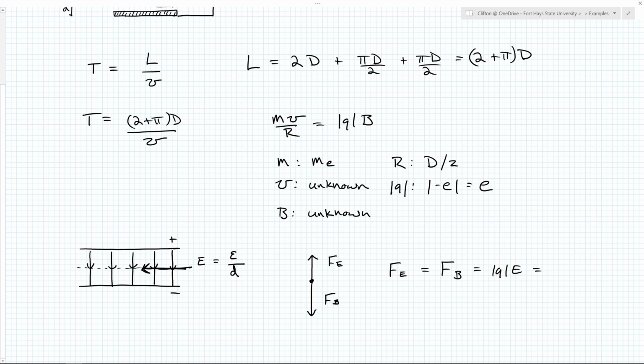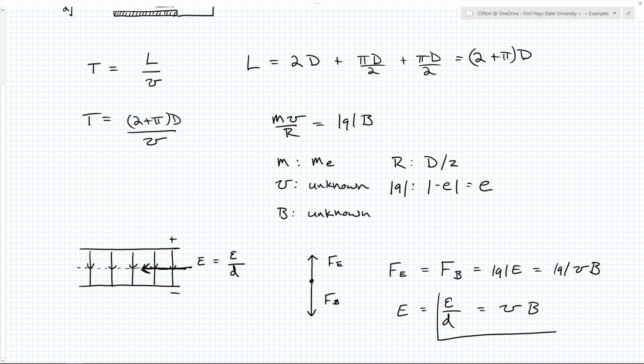And we know what the magnitude of the magnetic force is. It's the absolute value of the charge times vB. So now we have electric field strength, which we can write in terms of the stuff that's known. That's the EMF voltage divided by the distance between the plates, equal to the velocity of the electron times the magnetic field strength. So here's another equation that involves the velocity and the magnetic field.